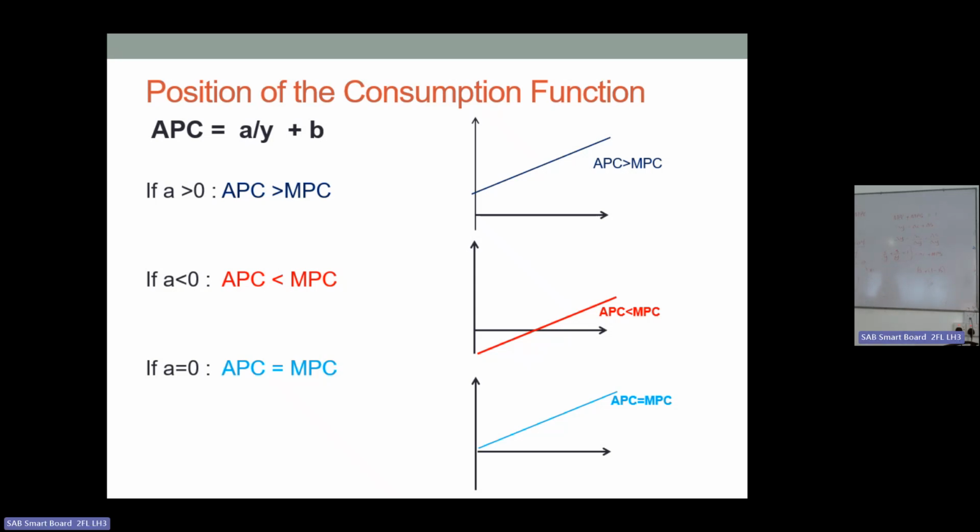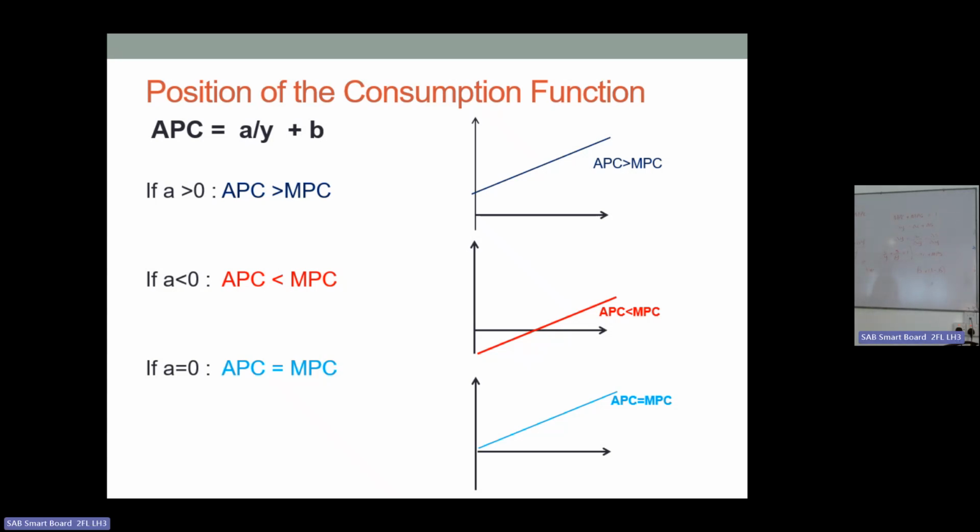And when APC is less than MPC, the consumption function looks like this, starting from the negative, like the saving function. But here, this is the consumption function.